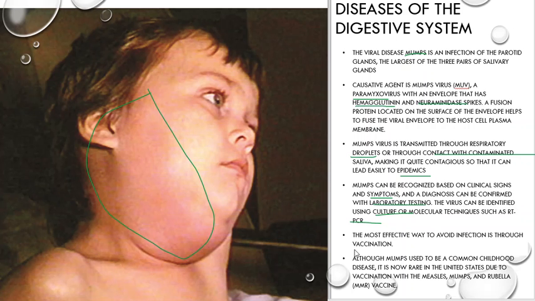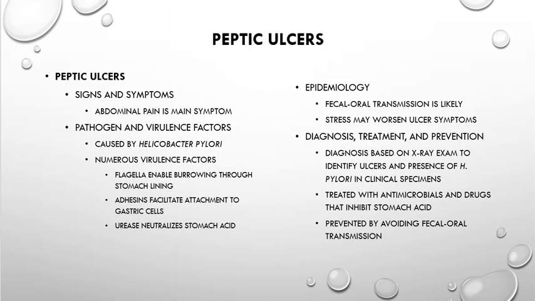Most effective way to keep from getting this is to get a vaccine, MMR. One of the M's stands for mumps. It used to be common, now it's kind of rare because of the vaccine, but as people become anti-vaccine protesters, then we may see it back.